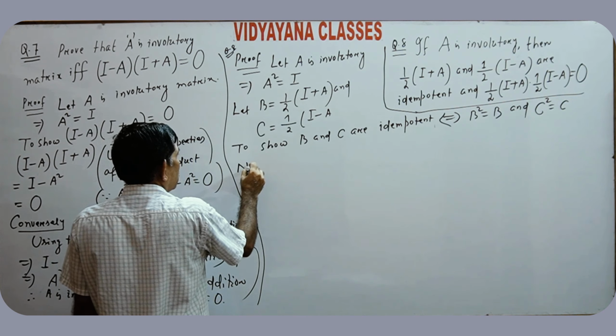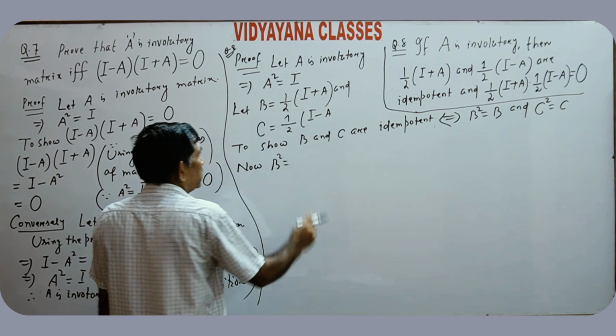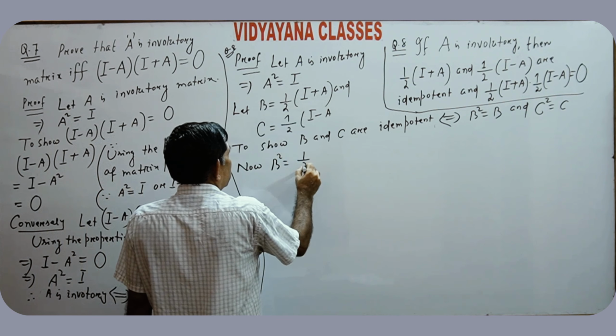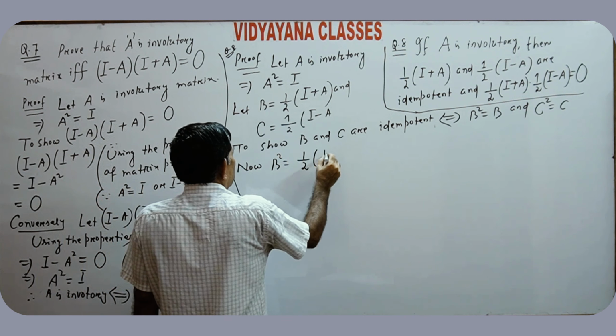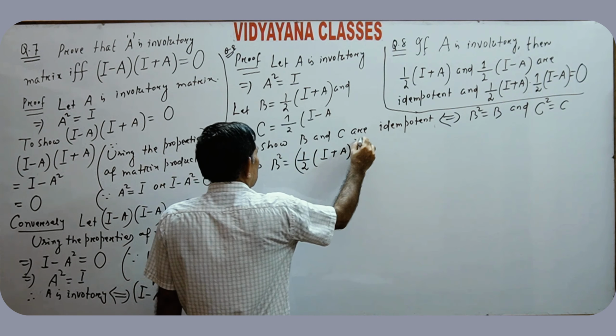Now B square, which is the same as half of (I plus A) whole square.